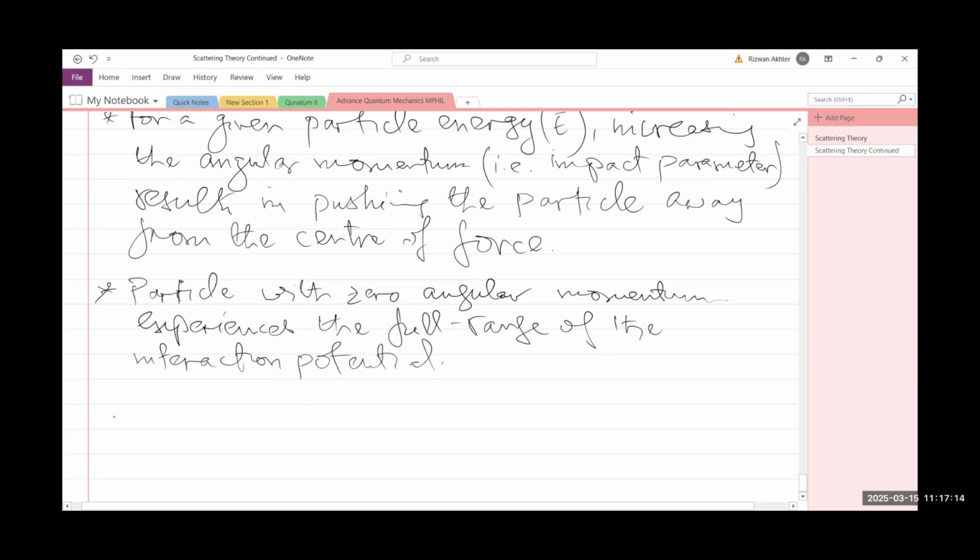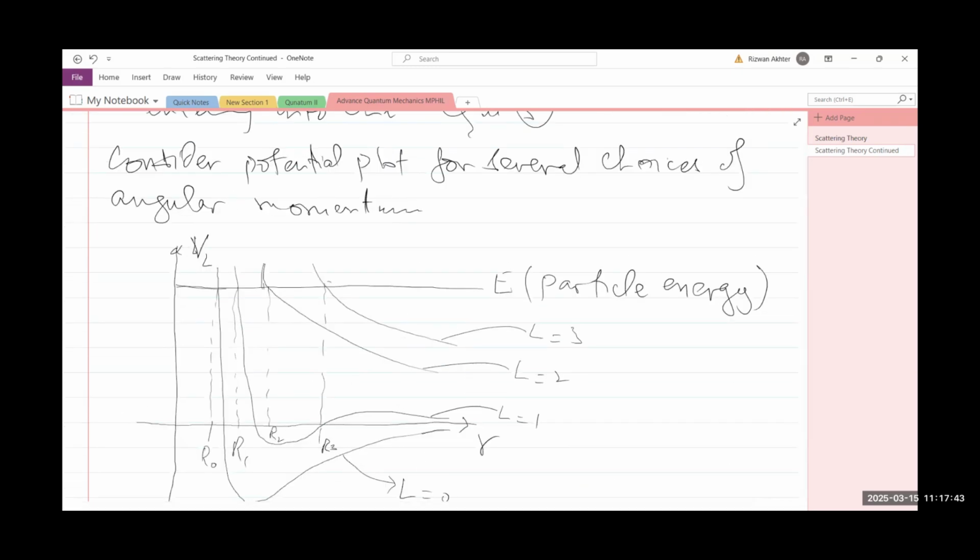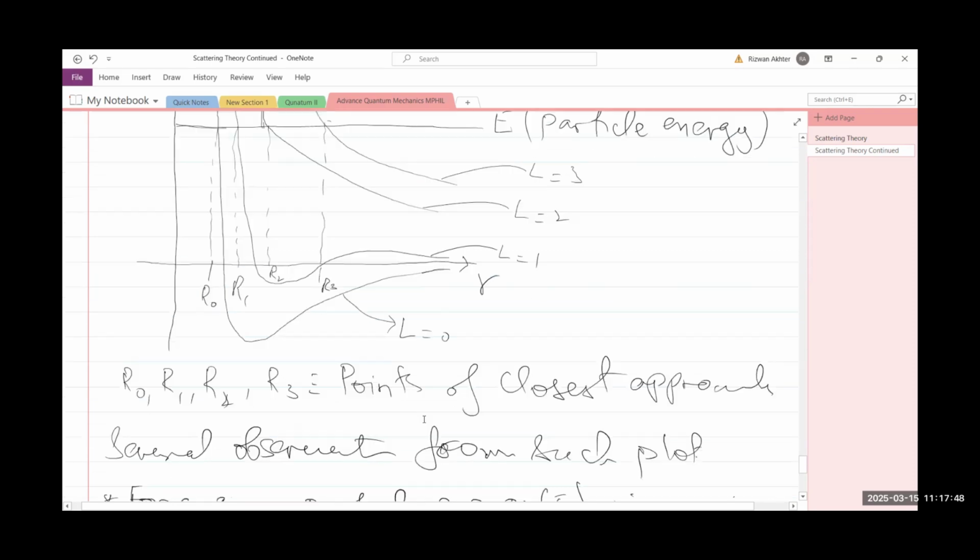Yeah. Then we would have, for a strictly short range potential, some value which is a middle value. For a short range potential, there is a sharp decrease, as you can see.